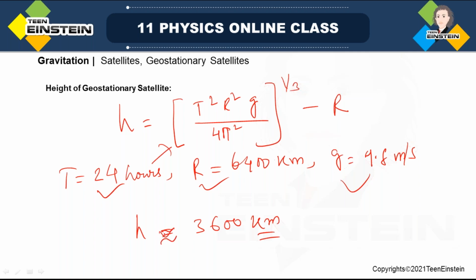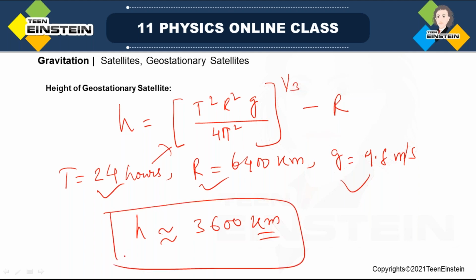So this is the height you should have for that satellite to become a geostationary satellite. I'm sorry, I think this is 36,000 kilometers from the Earth's surface.